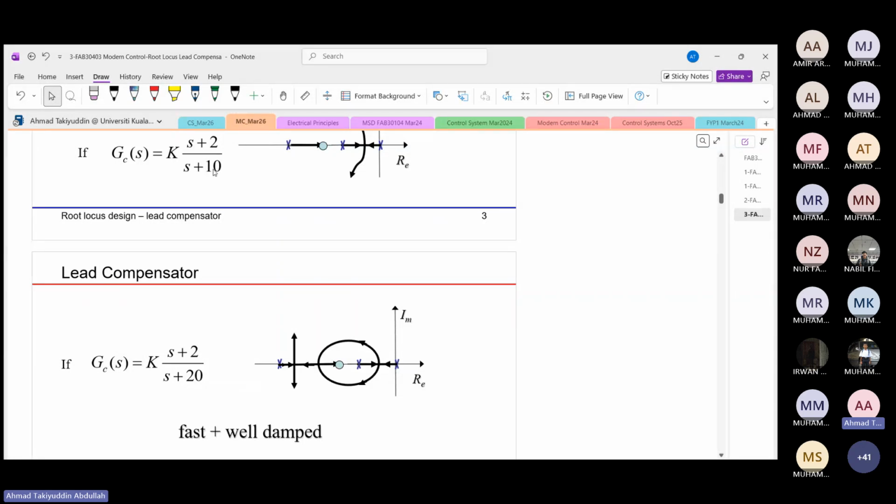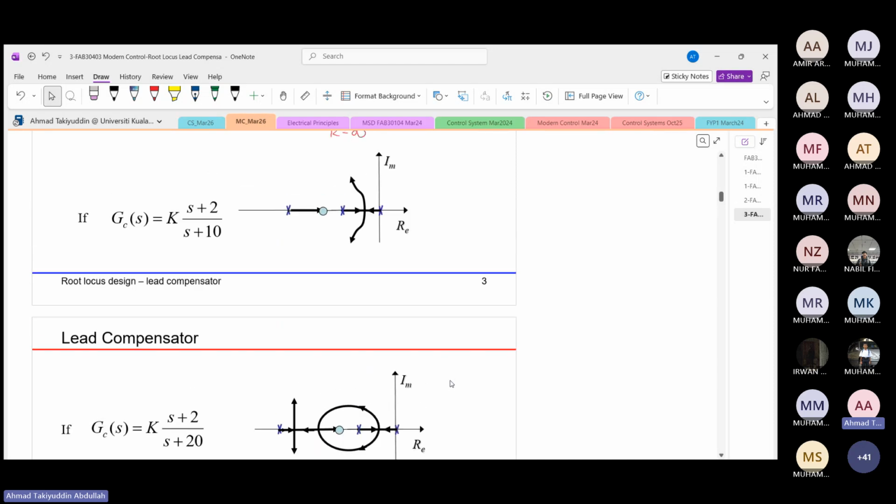So here we got the Pc that will be 10, and here we got the Pc that will be at 20. Of course, both of them will be at -10 and -20 of our plot. So if let's say you just have -10, you're probably going to have the curve in this plot.